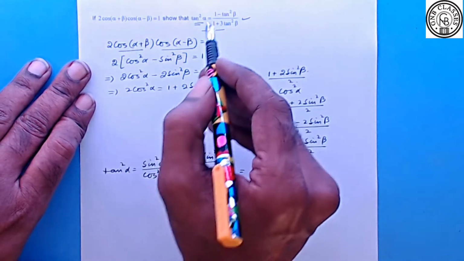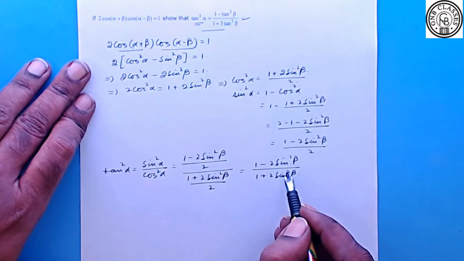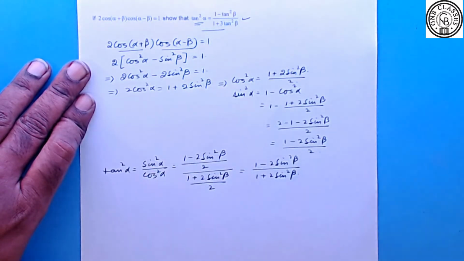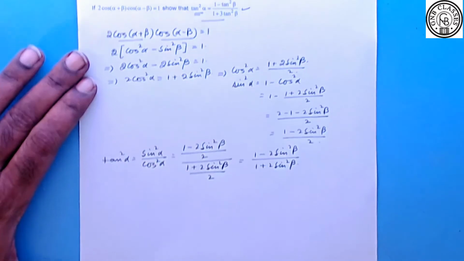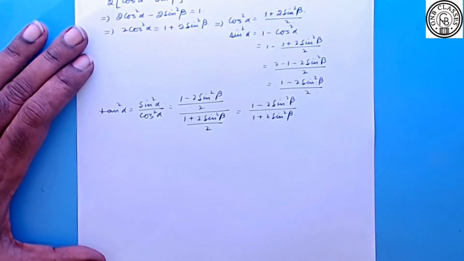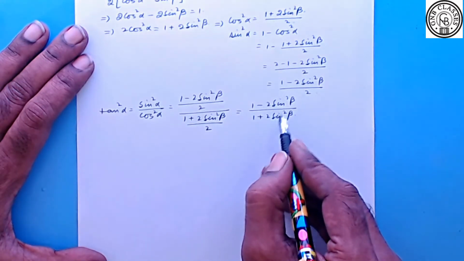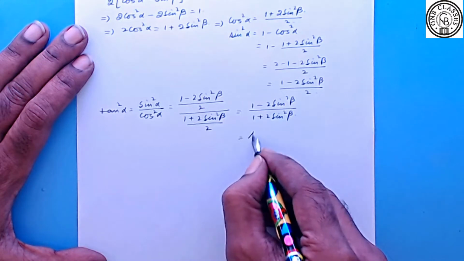Now you observe, in the proof part we are having tan square beta. So we have to get tan square beta over here and the rest part is over then. So let me just try to convert that in terms of tan square beta. Let me divide numerator and denominator by cos square beta.